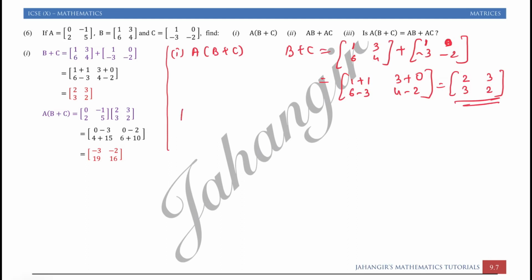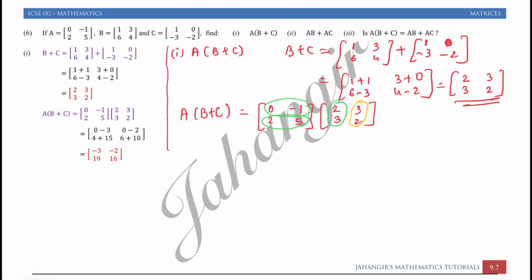Now we are multiplying A with B plus C. So A is 0 2 minus 1 5, with B plus C, that is 2 3 3 2. Here we will multiply the same way: first row first column, second row first column, then both rows should be multiplied with second column.